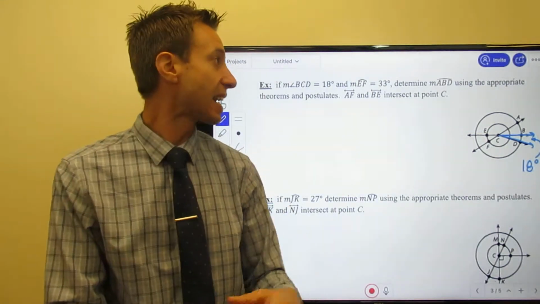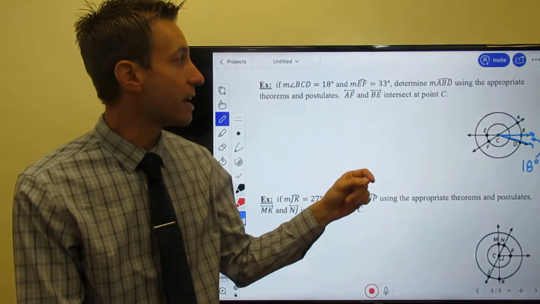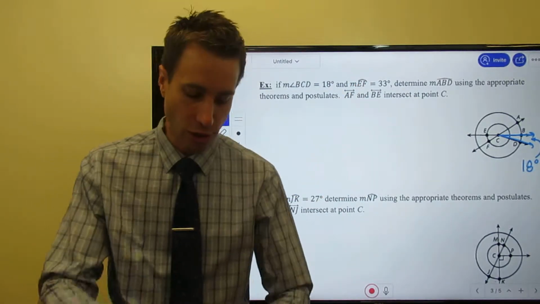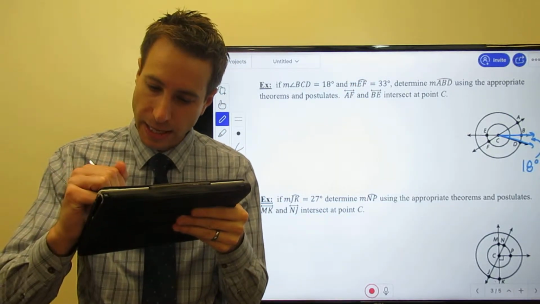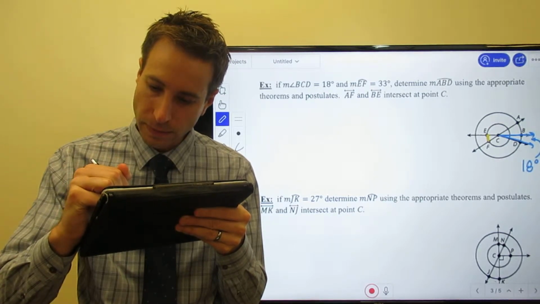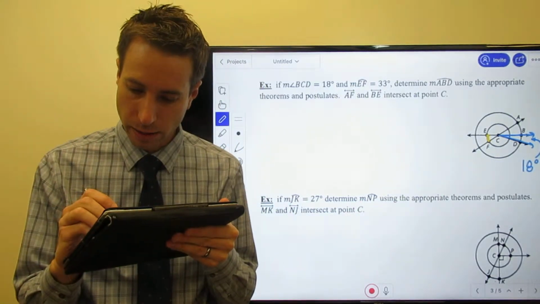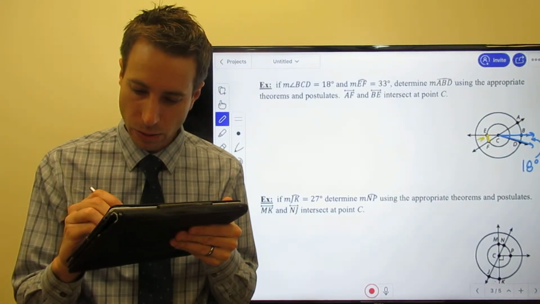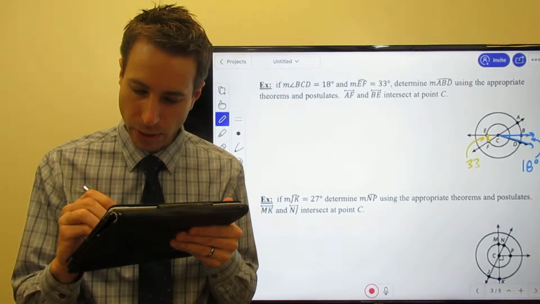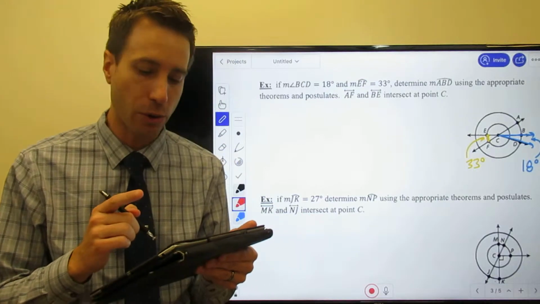Then I tell you that the measure, careful, please notice, of arc EF is 33 degrees. Here is arc EF right there. And I tell you that the measure of that arc is 33 degrees.